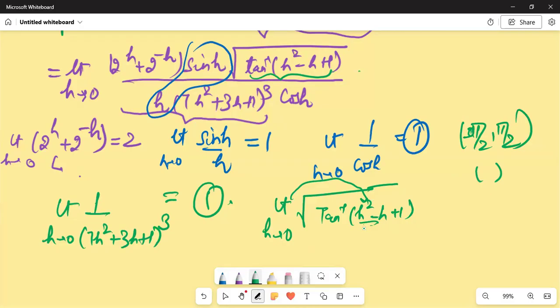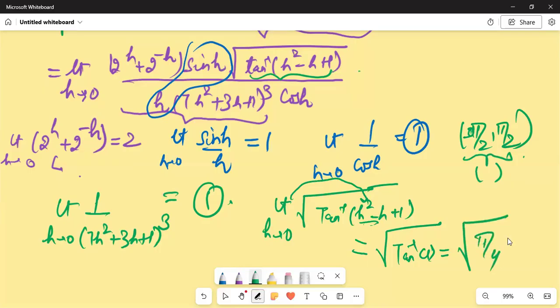So if you calculate, h becomes 0 because h is going to 0, so h square minus h also goes to 0, and you end up getting tan inverse 1. And tan inverse 1 in this range of minus pi by 2 to pi by 2 is a 45-degree angle, or pi by 4. So this is root pi by 2.